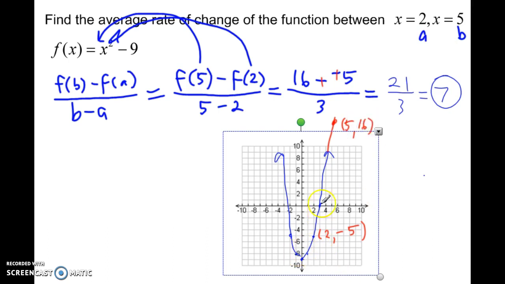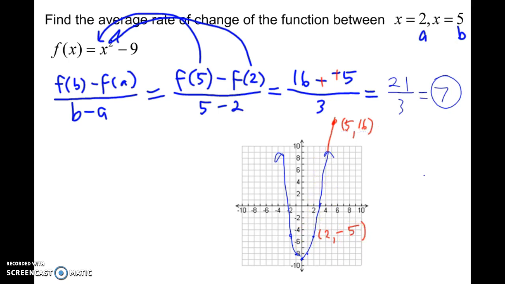And so even though it's curved in there, it's a parabola, it's definitely not straight. If we were to draw a straight line from there to there, that average rate of change is 7. There's a slope of 7 between those 2 points. That's basically what we just found. I just wanted you to see it a different way graphically, just so you have that perspective.